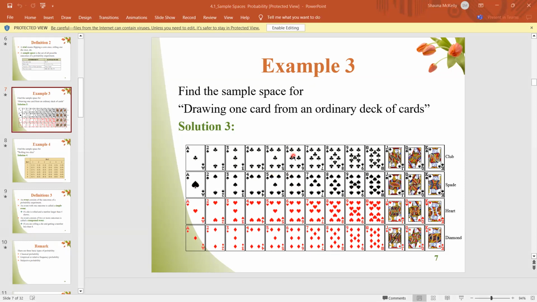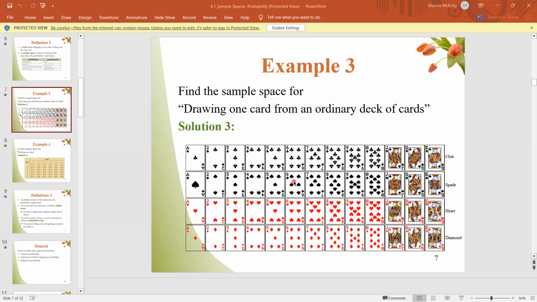I counted the 6s here, and then I counted the spades here. But the 6 of spades counts as one card. The thing is, do I want to count this twice? I don't.